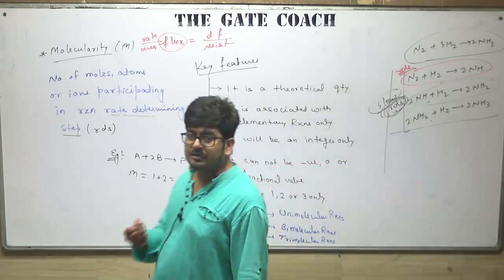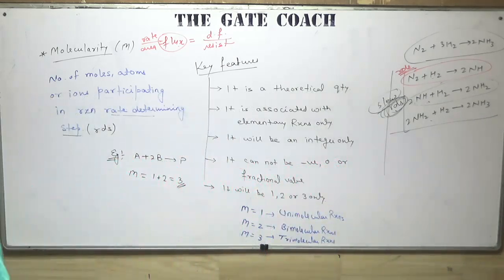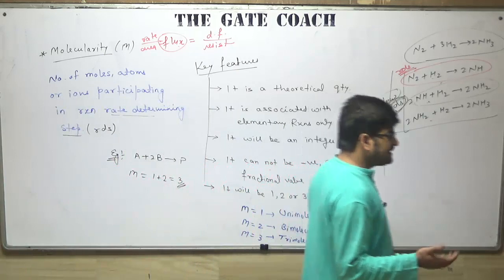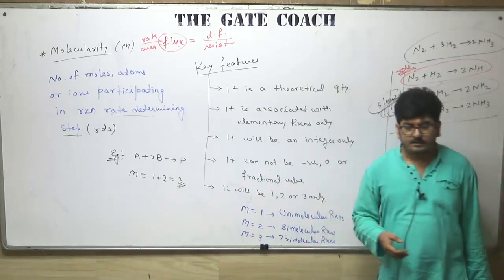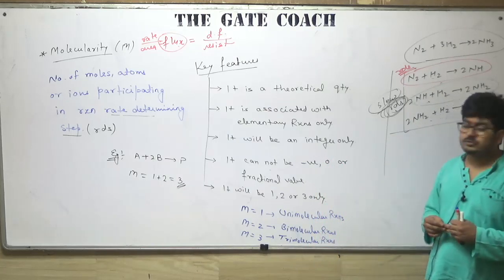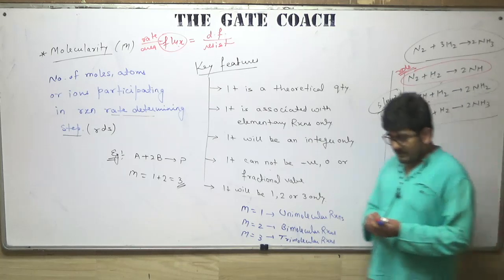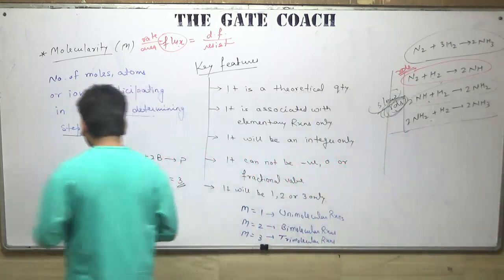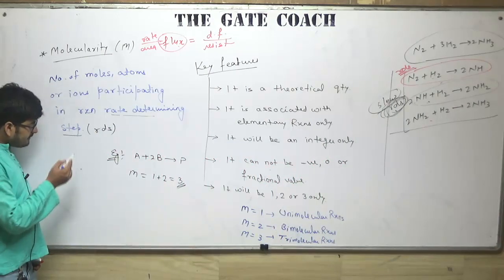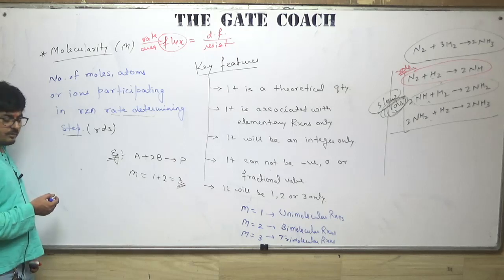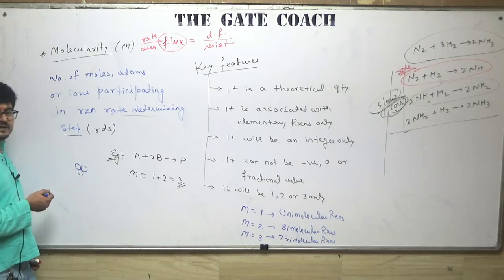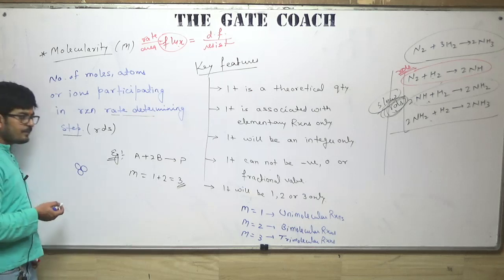Okay. And if that is a pure technical interview, like for Bhabha Atomic Research Center, ISRO, DRDO, NPCIL or any other profile, then you can simply answer why molecularity is 1, 2 or 3 only. Because based on the collision theory, the probability of more than 3 molecules to have the simultaneous collision is 0.